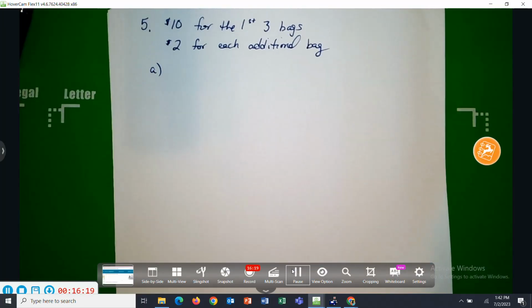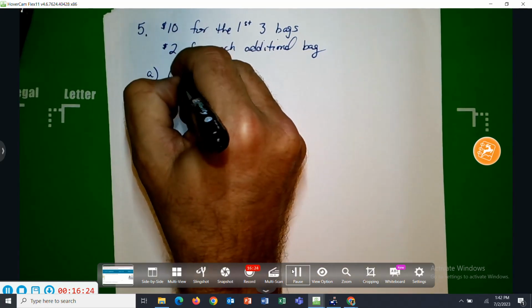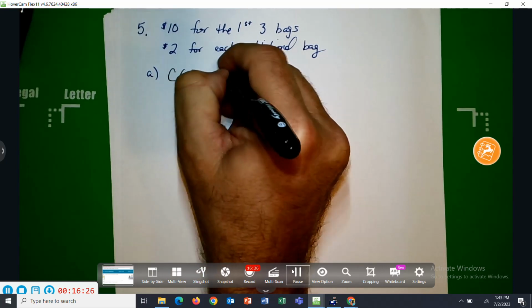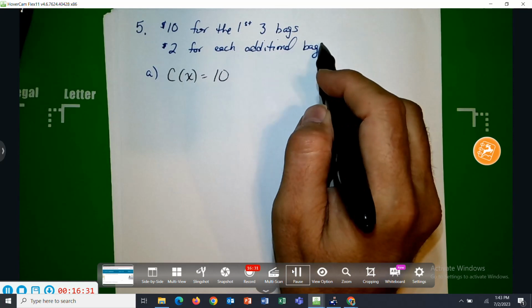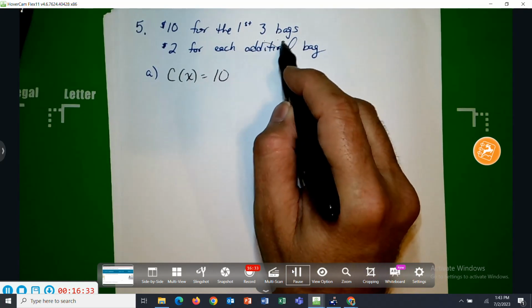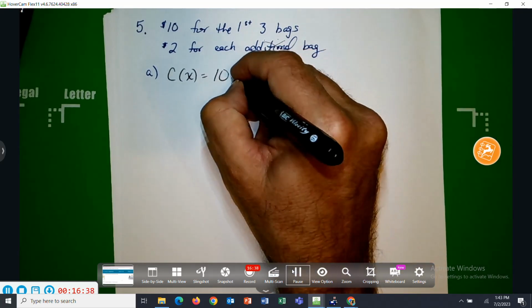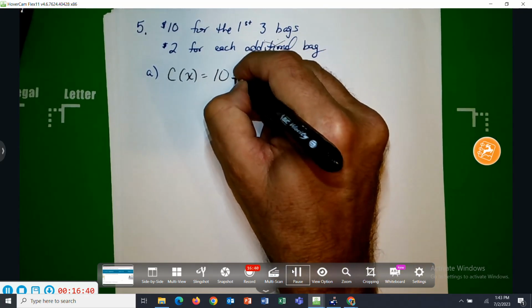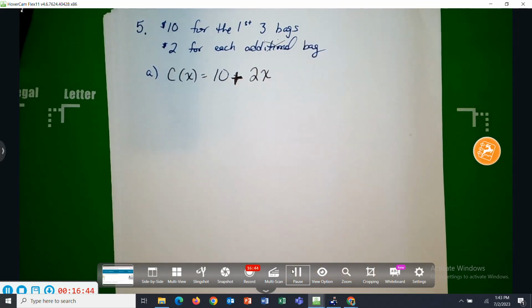Okay, so they're charging $10 for that first 3 bags. And then for each additional bag, and we're told that x additional bags, plus, that should be a plus, it's $2 for each additional bag. If you had brought in 7 bags, then that would mean there'd be 4 additional bags.